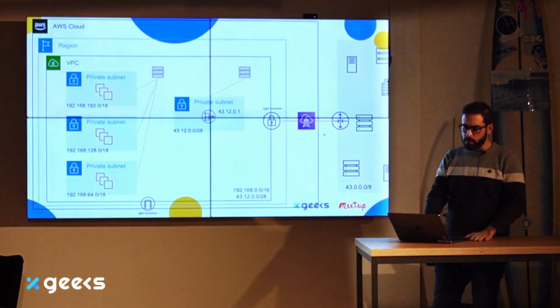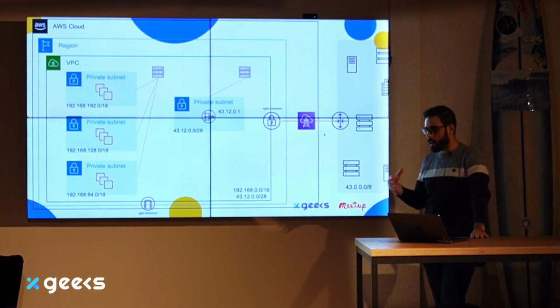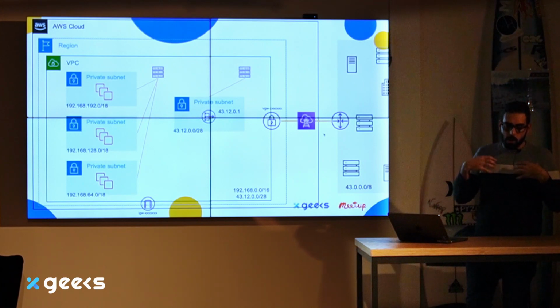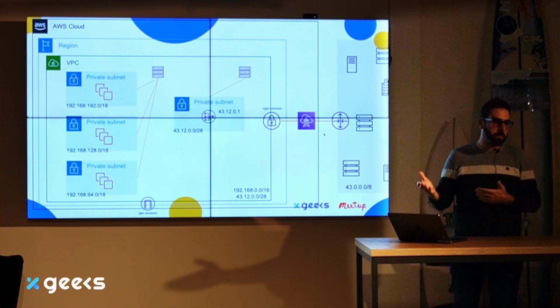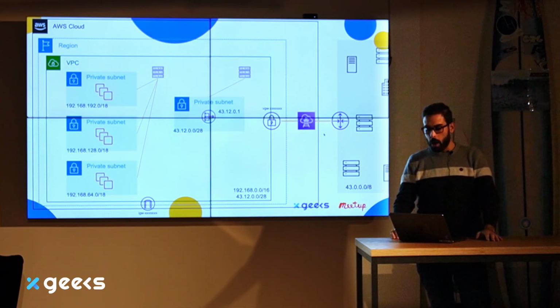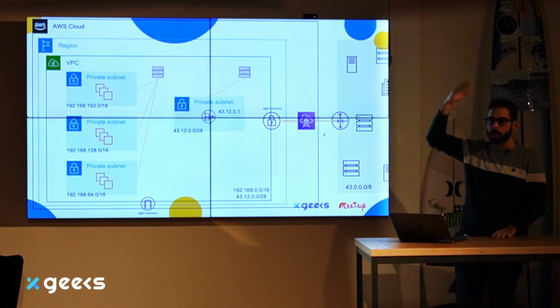Okay, and why? Because by default, the way DNS works, you ask for a domain to be resolved on your configured name server. And if that server doesn't know how to resolve that domain, it will forward to the next one and the next one until it reaches the top levels.